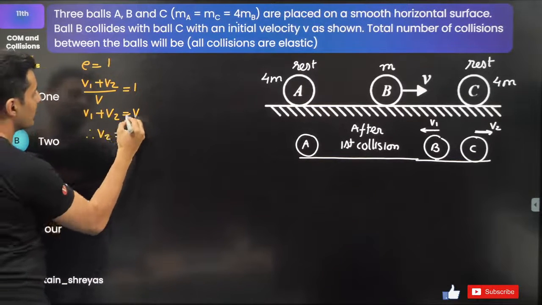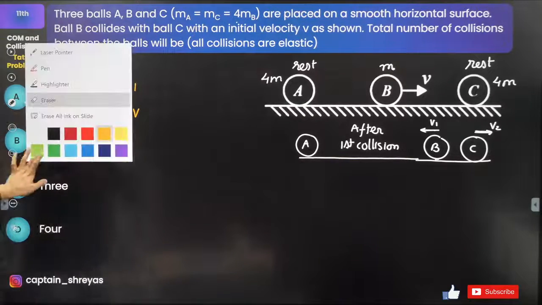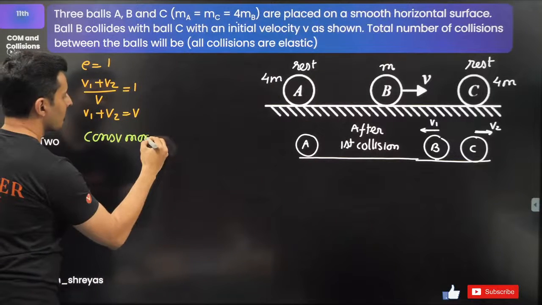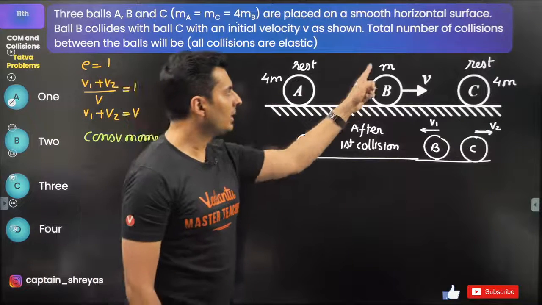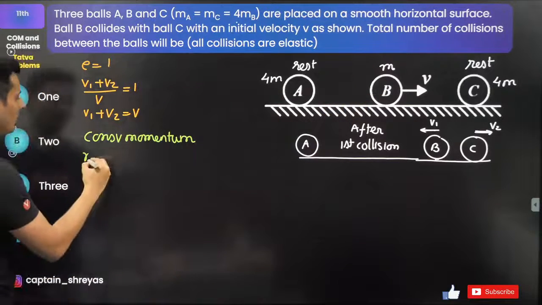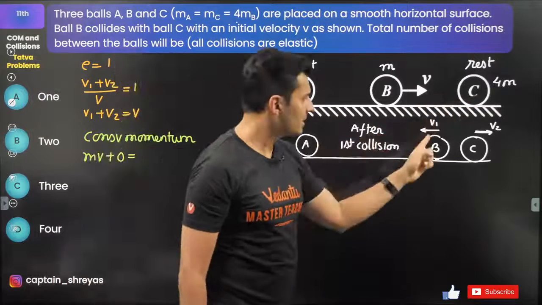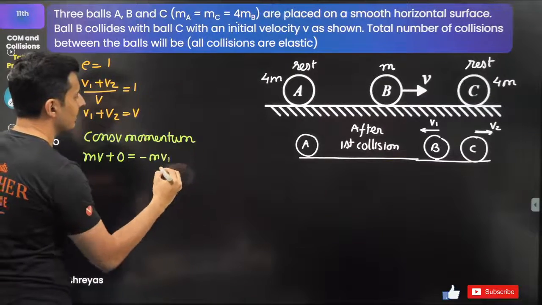I'll just keep it as it is over here. Now conserve momentum and see what you get. Initial momentum is M into V, and the other one is at rest. Now this one has a momentum this way, so minus M V1.